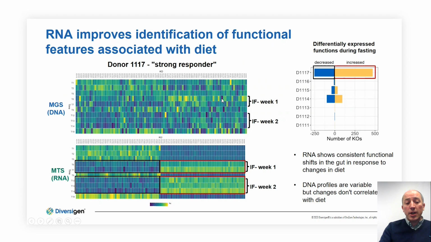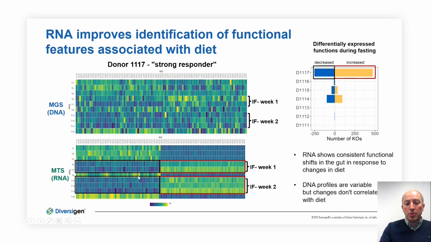However, when you look at the RNA profile, what's very interesting is that you see functions that basically turn on and off based on the diet. Everything on the left side here is green, so it's expressed more in the non-fasting days and very little during the fasting days, but the pattern completely changes when you go through that fasting period.